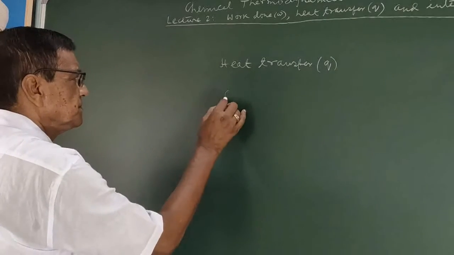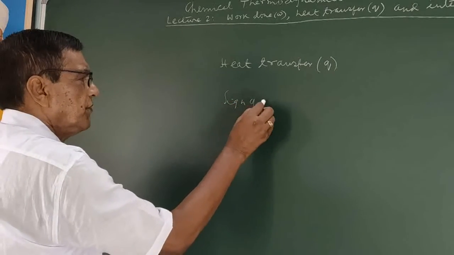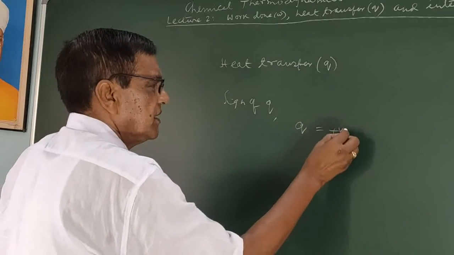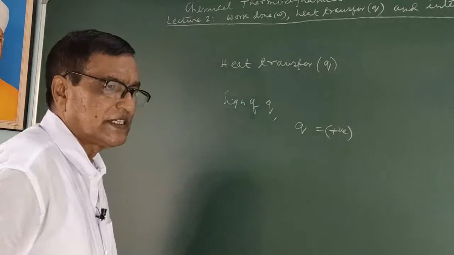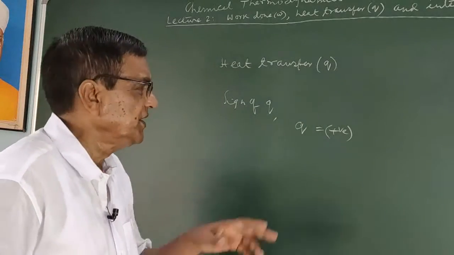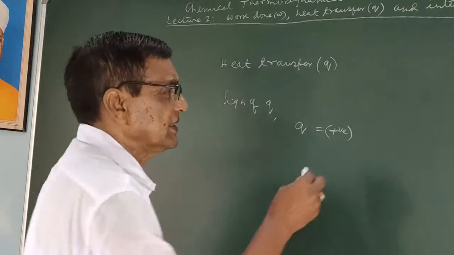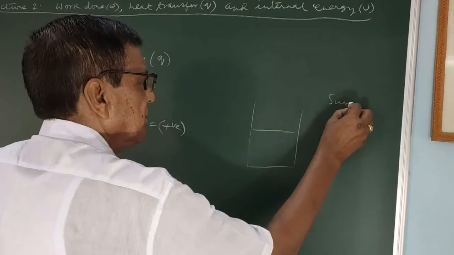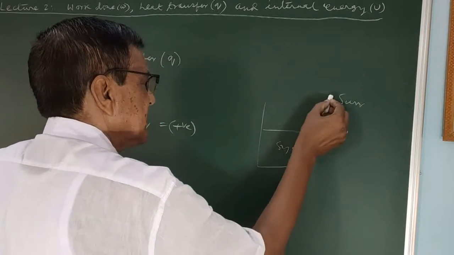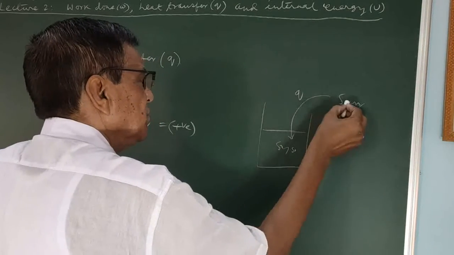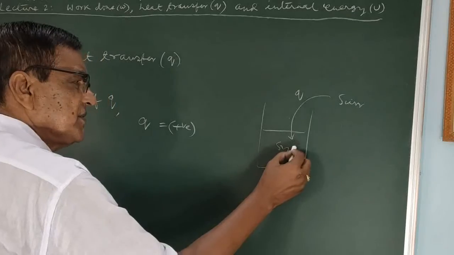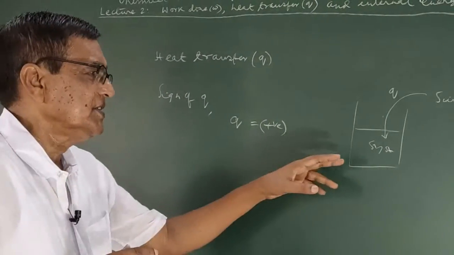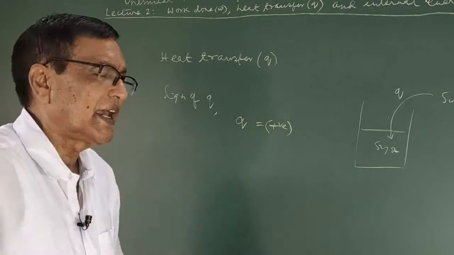And regarding the sign of Q, when Q is positive, it means the surrounding is supplying heat to the system. Suppose this is the system and this is the surrounding. Whenever Q is supplied from the surrounding to the system, Q is positive, and the system will gain heat energy.